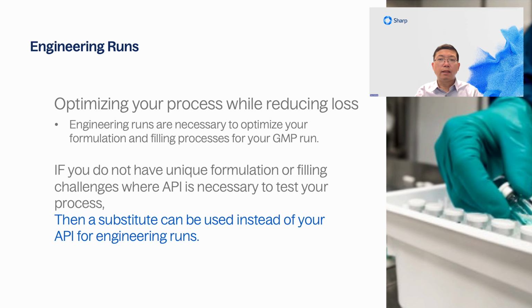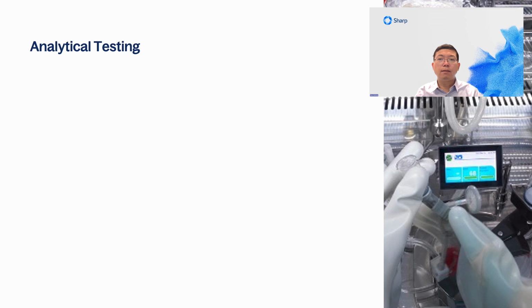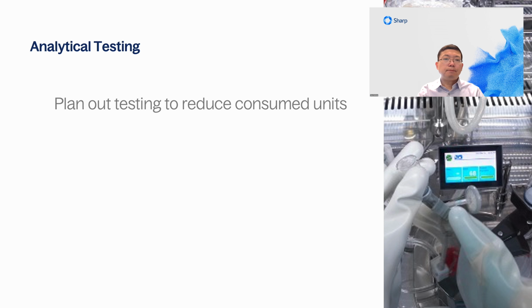Finally, let's discuss analytical testing. Planning out your analytical testing can reduce the overall number of units required for testing. One unit can be used to perform multiple tests.